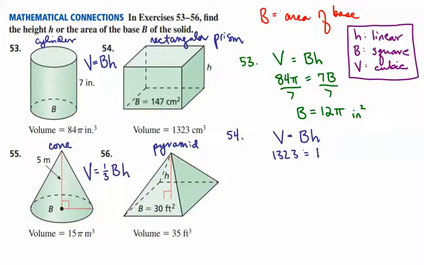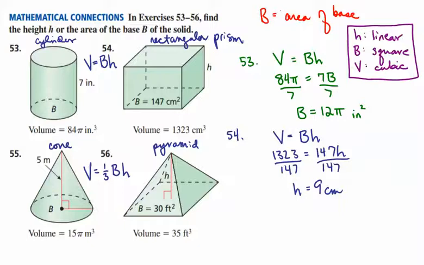The area of the base is 147, and the unknown is h, which we solve by dividing both sides by 147. And we end up with h is equal to 9. Here, because height is a linear quantity, its units will simply be centimeters.